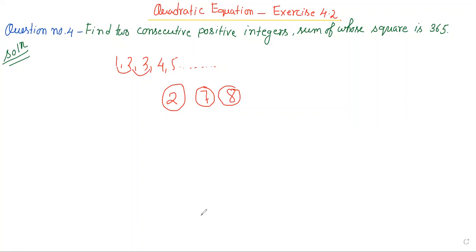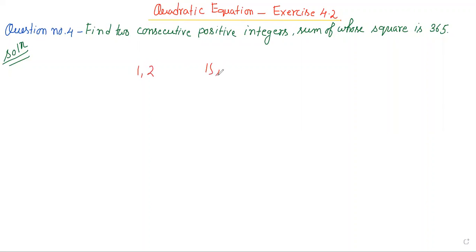Suppose I say 1, 2, or 15, 16, 17. That means the difference between consecutive positive integers is 1.